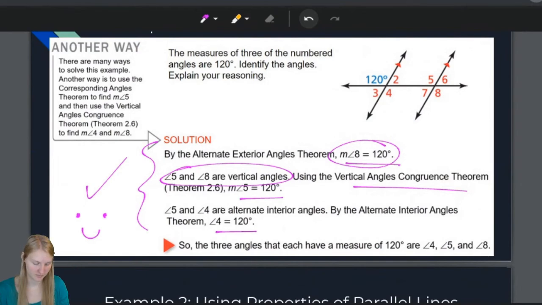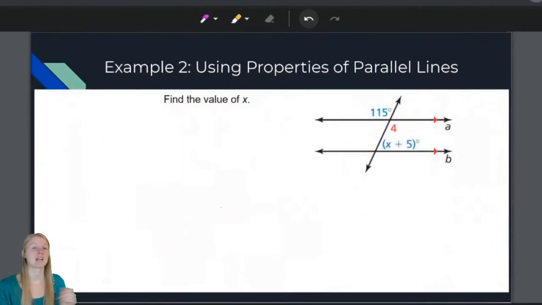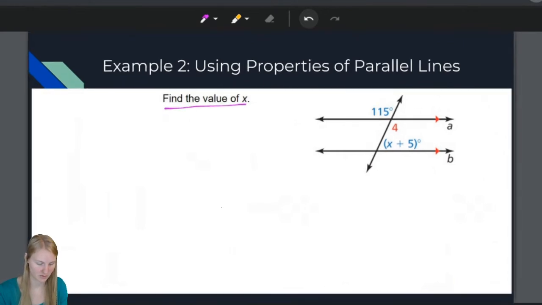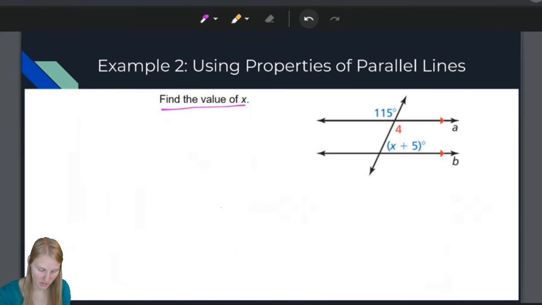So yay. Okay, example 2, using parallel lines. We are asked to find the value of x. So here we have x plus 5. This is what I'm trying to find. And what else are we given?